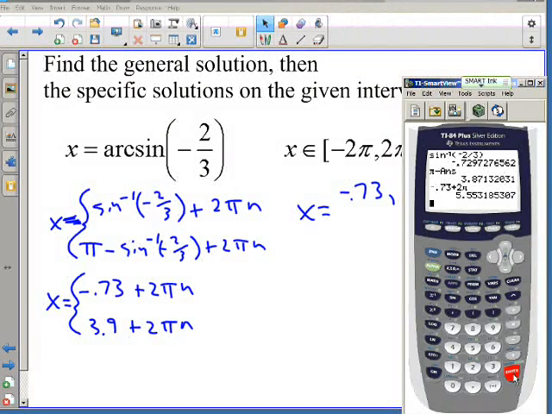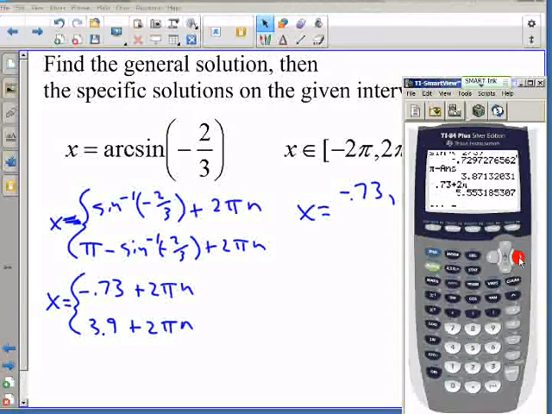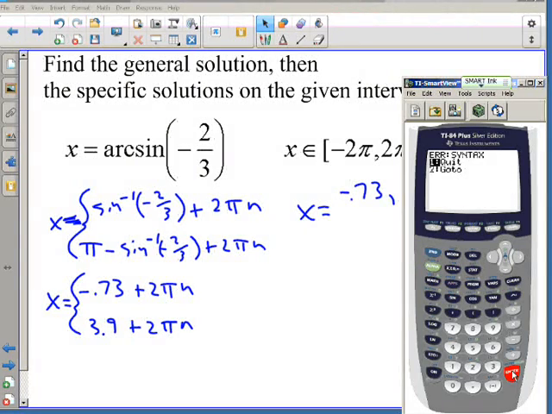And then I'll have this 3.9 plus 2 pi. 10.2.